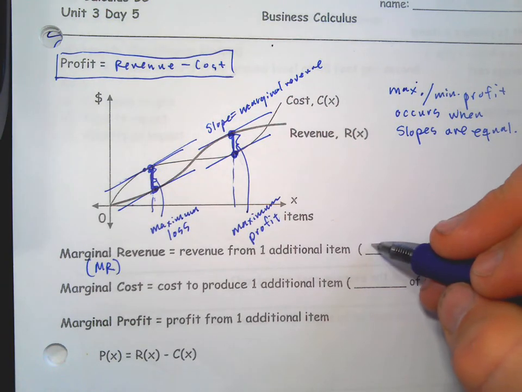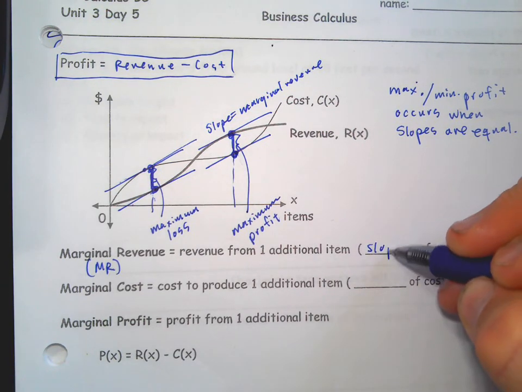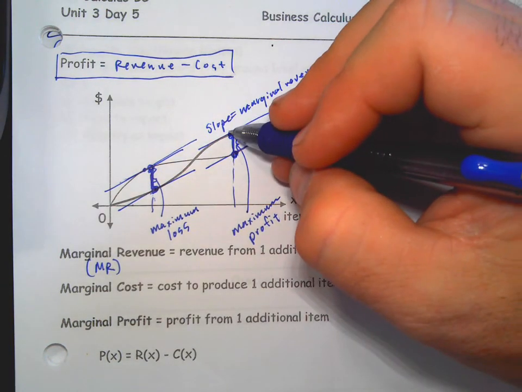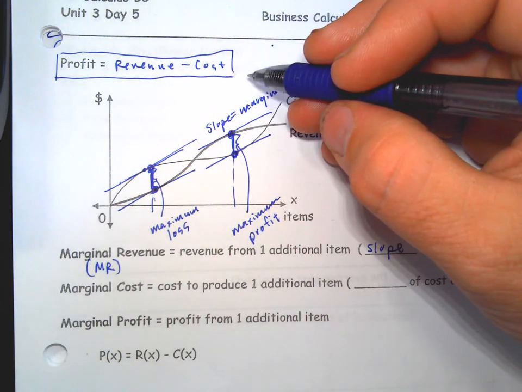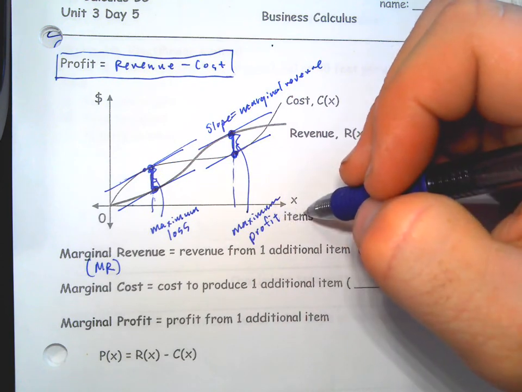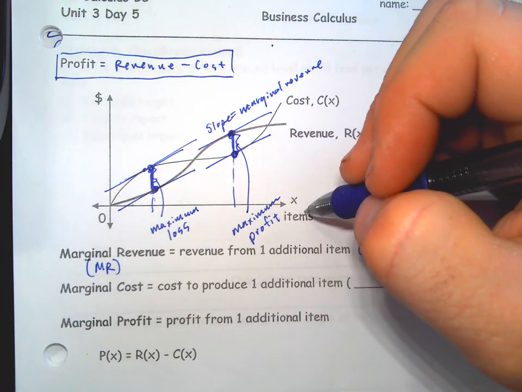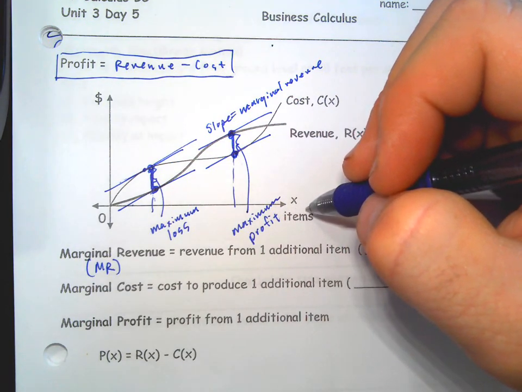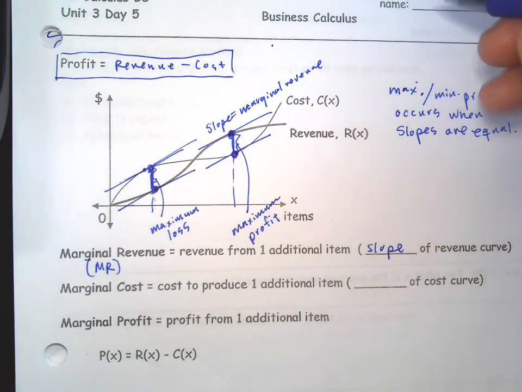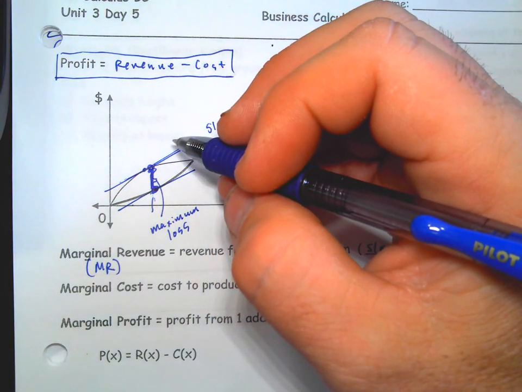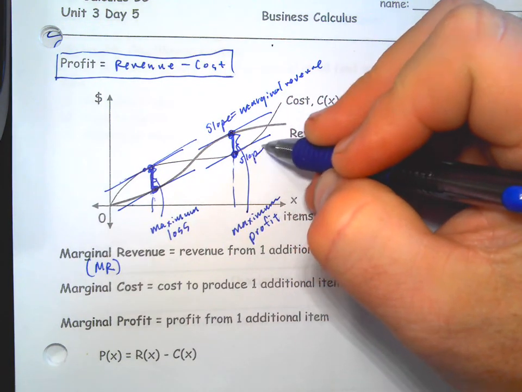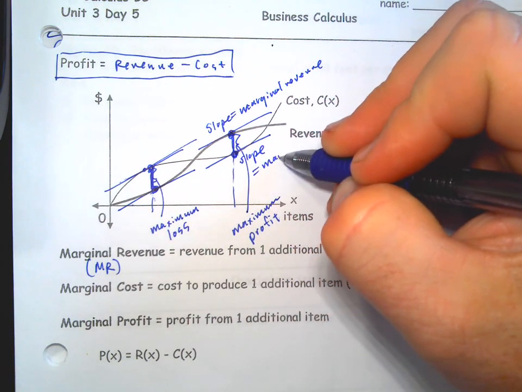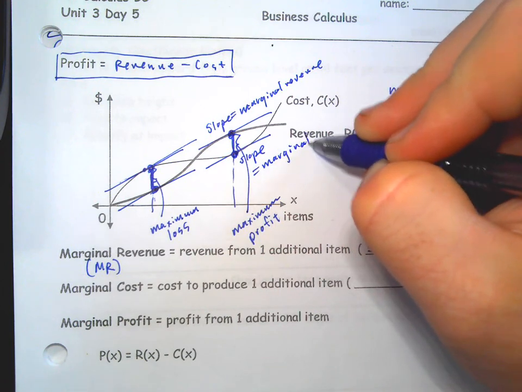And so it's the slope of the revenue curve. The curve is changing, but at this point, this is how the revenue is changing with respect to the next item being made. And then the slope of the cost curve is going to be called the marginal cost. So similar idea.